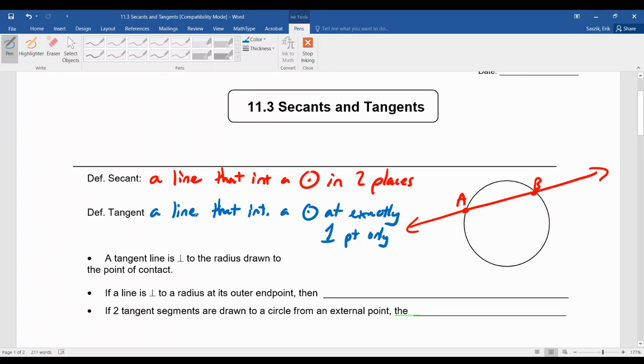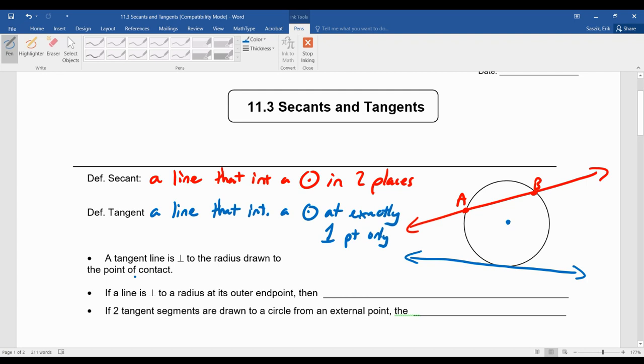Now remember, a line goes forever, so you can't just draw a line and just stop it there and say that's a tangent. That's not right. A tangent just comes by and nicks the circle. Okay, and let's say that's the center of the circle. So the blue line is the tangent line.